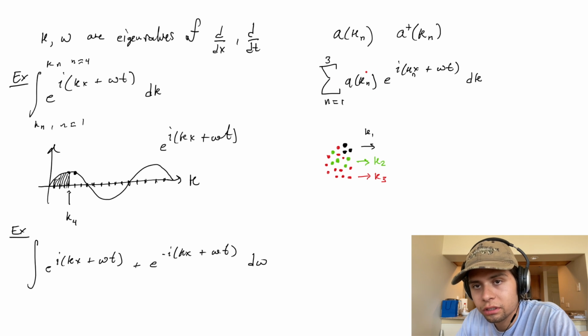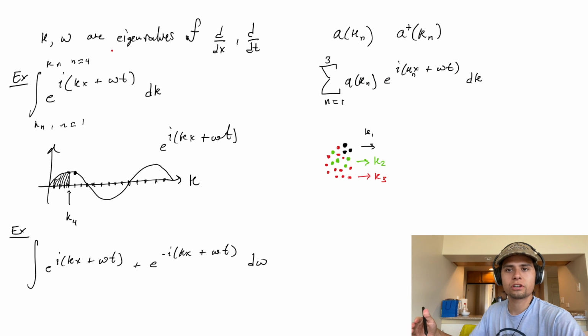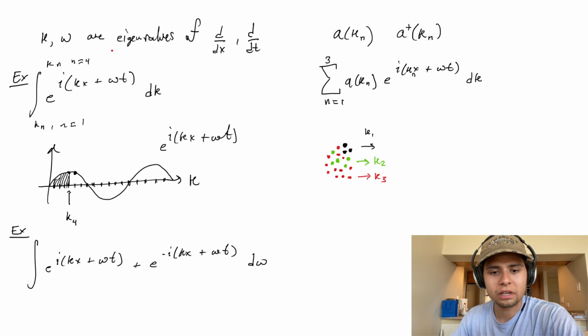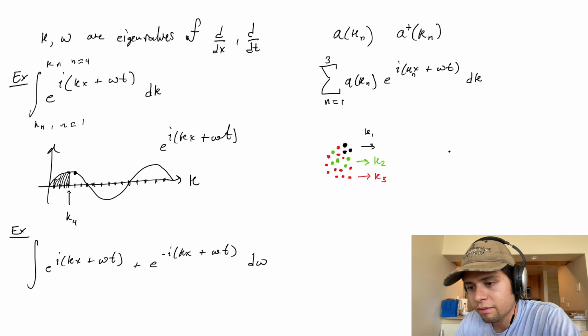This here is a function. This is a function that acts on k. And what this is telling us is the weight here. This becomes a complex function because we're summing over multiple sinusoidal functions. And when we sum over multiple sinusoidal functions, you can begin to understand what a Fourier transform is like. Say we have a wave.